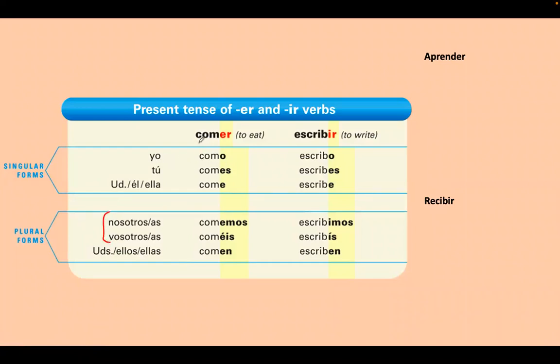So tenemos el verbo comer: yo como, the ending is O, tú comes, usted, él, ella come, nosotros comemos, vosotros coméis, ustedes, ellos y ellas comen.